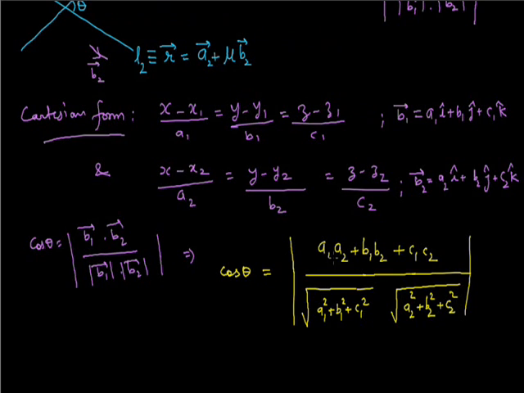This is b1 vector dot b2 vector, and this is mod of b1 vector into mod of b2 vector. This is the formula for cos theta in Cartesian form.